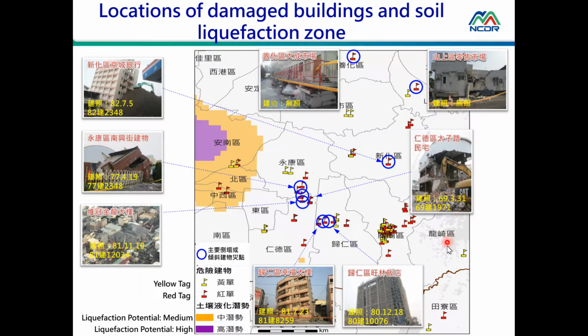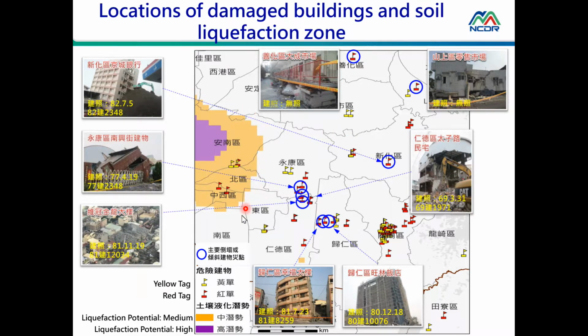Another very important thing: you must know how to use GIS tools to show a situation. So we collect information from all teams on the ground and produce this situation map. The 8 photos here show the 8 totally collapsed buildings. The yellow flag and red flag mean the severity of damage to buildings.